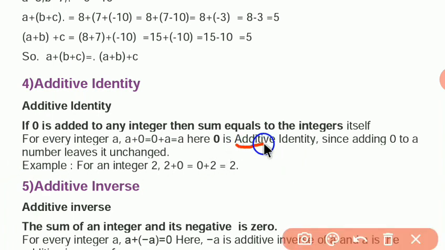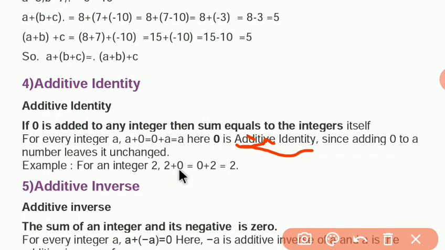Since adding 0 to a number leaves it unchanged. For example, for an integer 2, if we add 0 to 2, we get the answer as 2 only. So 2 plus 0 or 0 plus 2 is equal to 2.